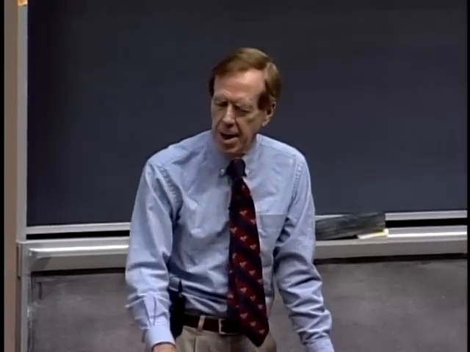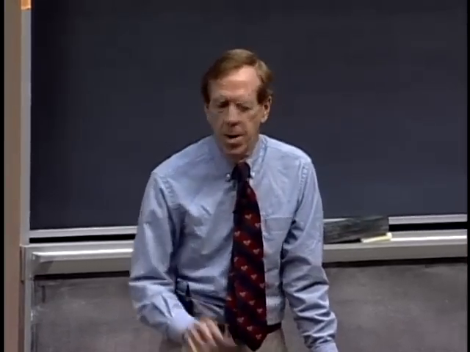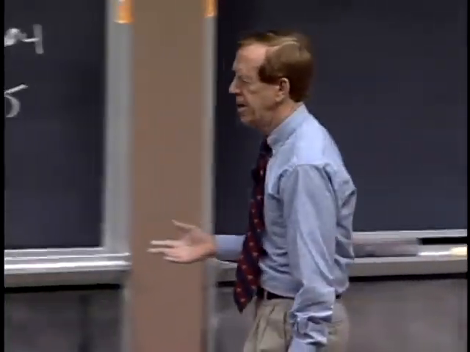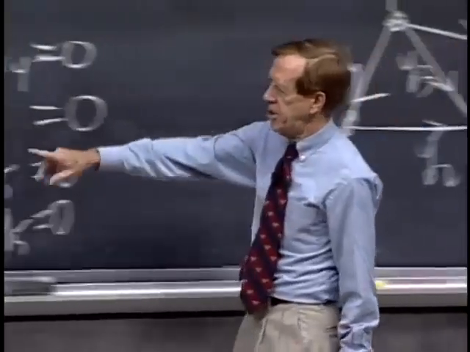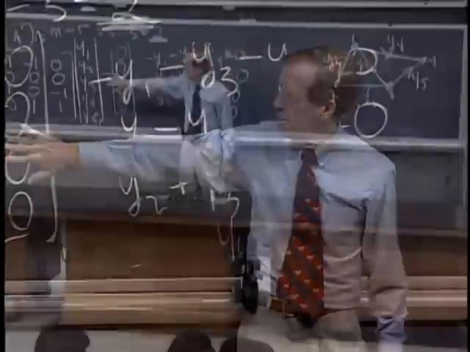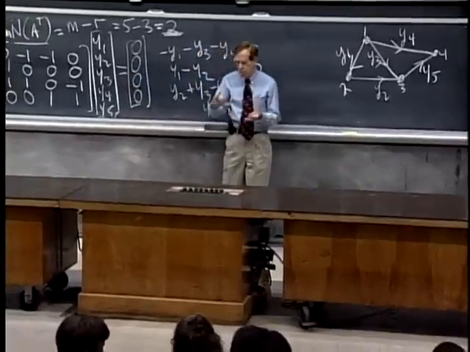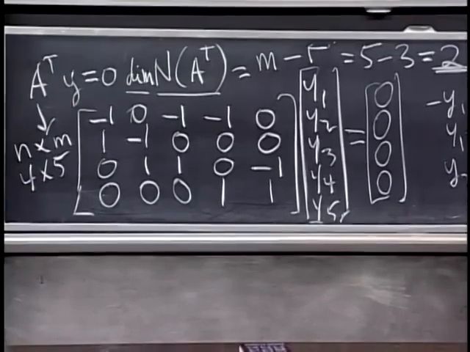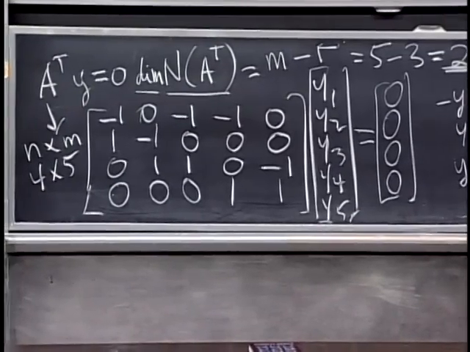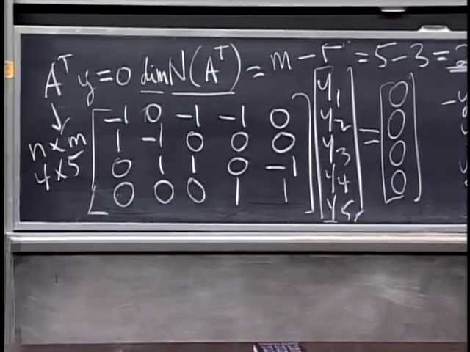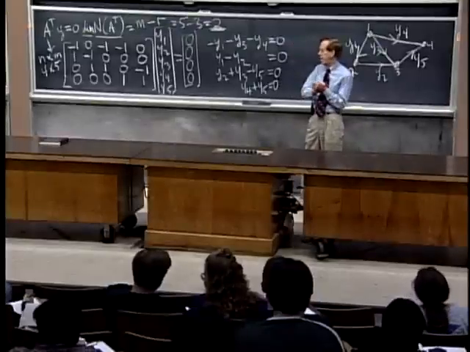I can do elimination. We know how to find the null space basis. We can do elimination on this matrix, and we'll get it into a good reduced row echelon form, and the special solutions will pop right out. But I would like to do it without that.